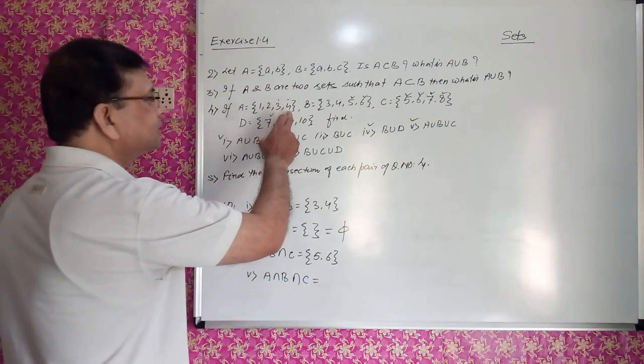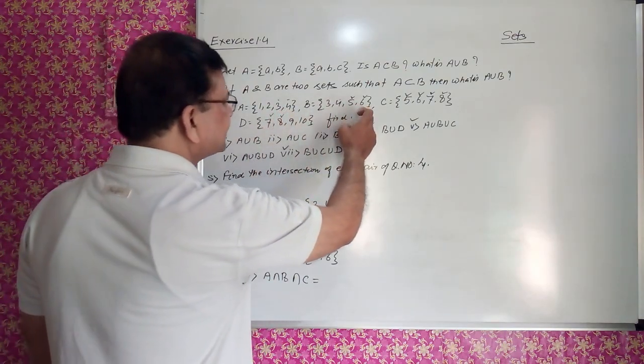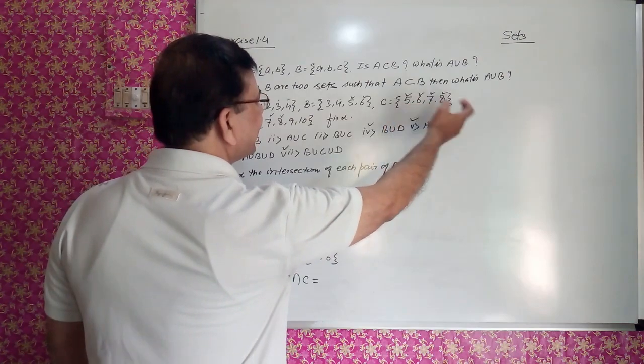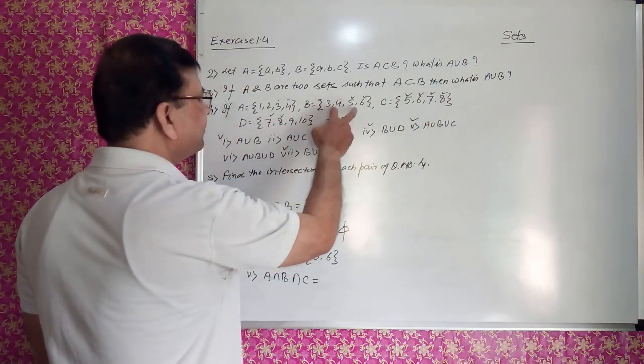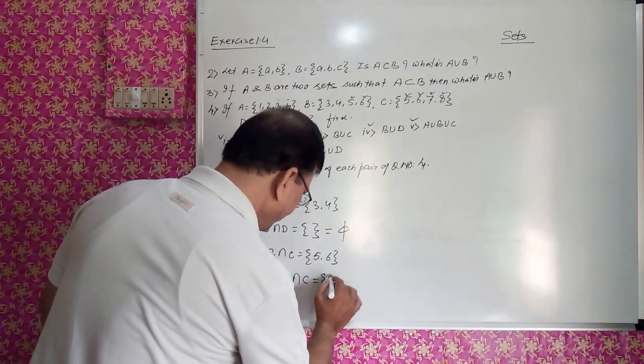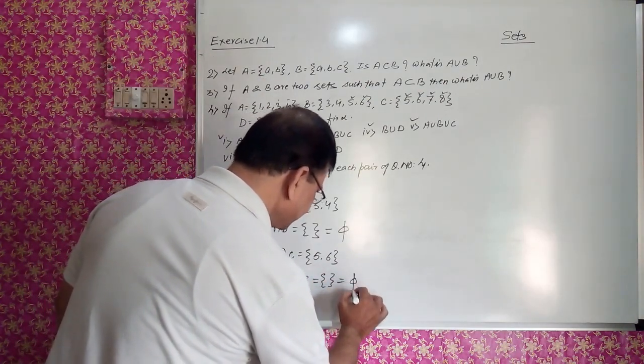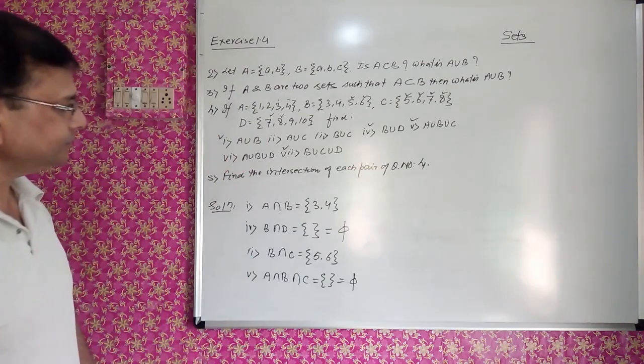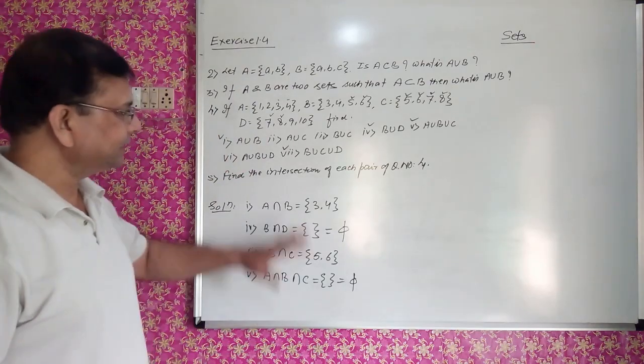A is up to 4, B is 3, 4, 5, 6, and C is 5, 6, 7, 8. So in A, B and C, which is the common element? No element is common, which means this is phi. Getting my point? So this is the concept.